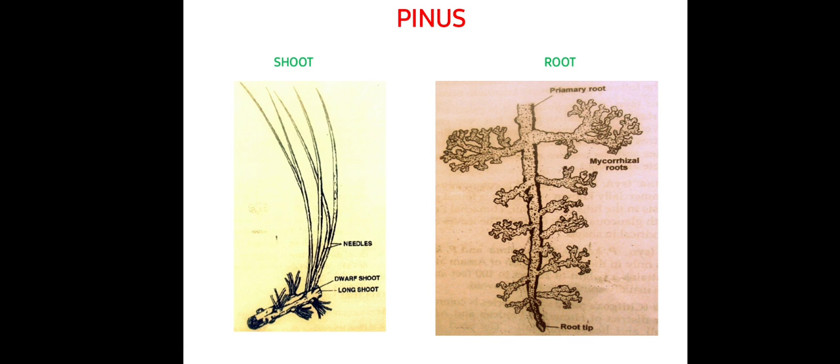So the branches are of two types, leaves are of two types, roots are also of two types, that is normal root and mycorrhizal root, long branch and dwarf branch, and leaves also, scaly leaves or foliage leaves. This is the external morphology of the Pinus plant.